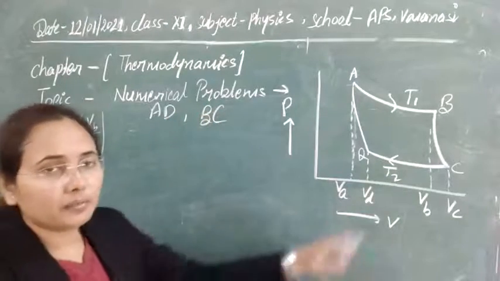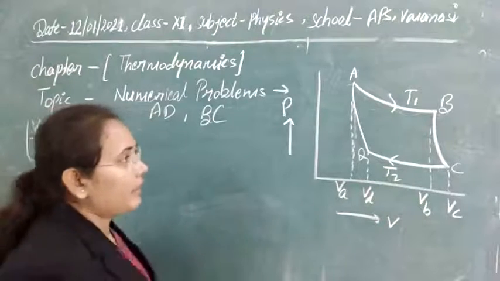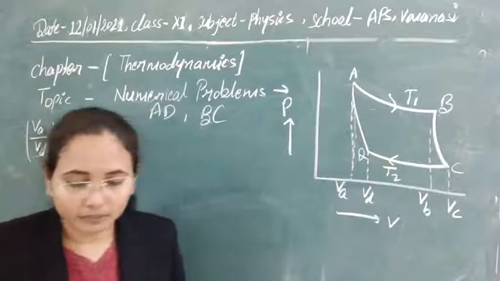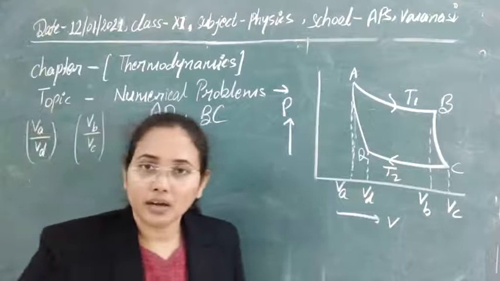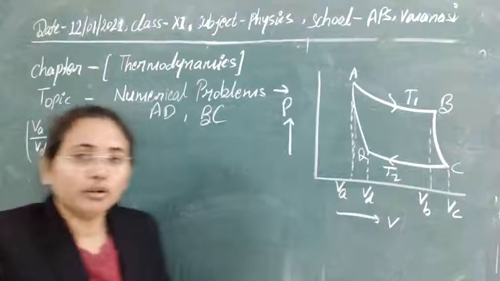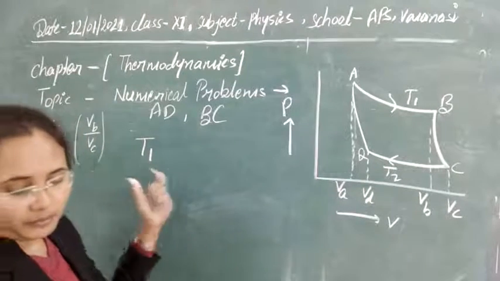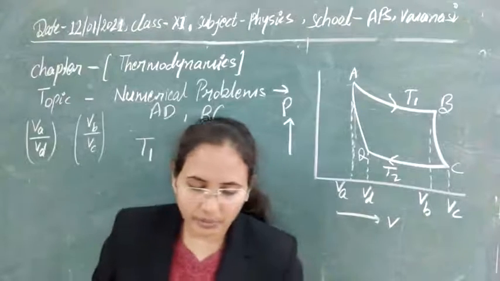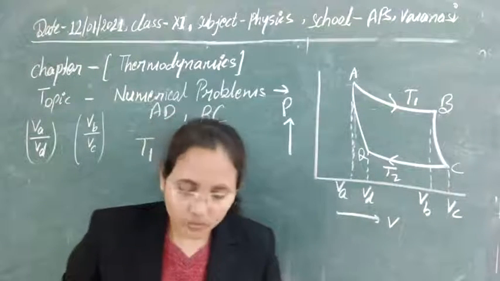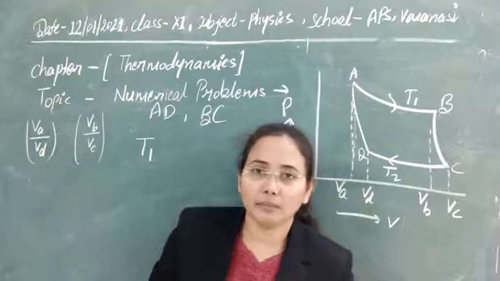In these two parts, you can write the equation. In this problem, for the temperature and the other terms, you have to take only the formula T1 V1 power gamma minus 1 is equal to T2 V2 power gamma minus 1.